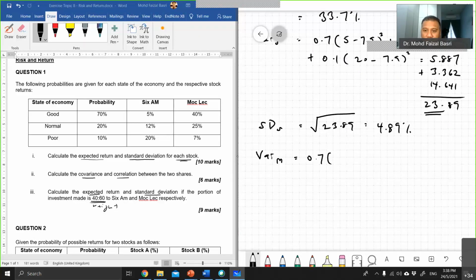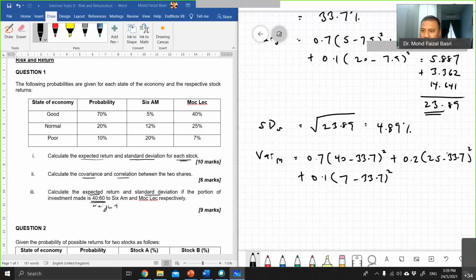It's 40 minus the ER just now, 33.7, squared, plus 0.2 times 25 minus 33.7 squared, plus 0.1 times 7 minus 33.7 squared.